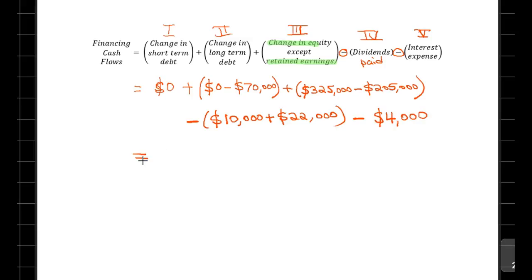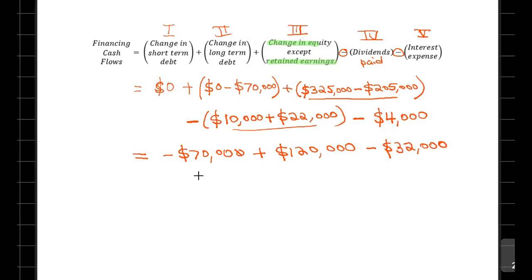All we need now is to come up with the calculation. The first number will give us minus 70,000. From here we will get $120,000, minus from this one we will get $32,000, and finally minus $4,000 for interest expense, totaling all these together.